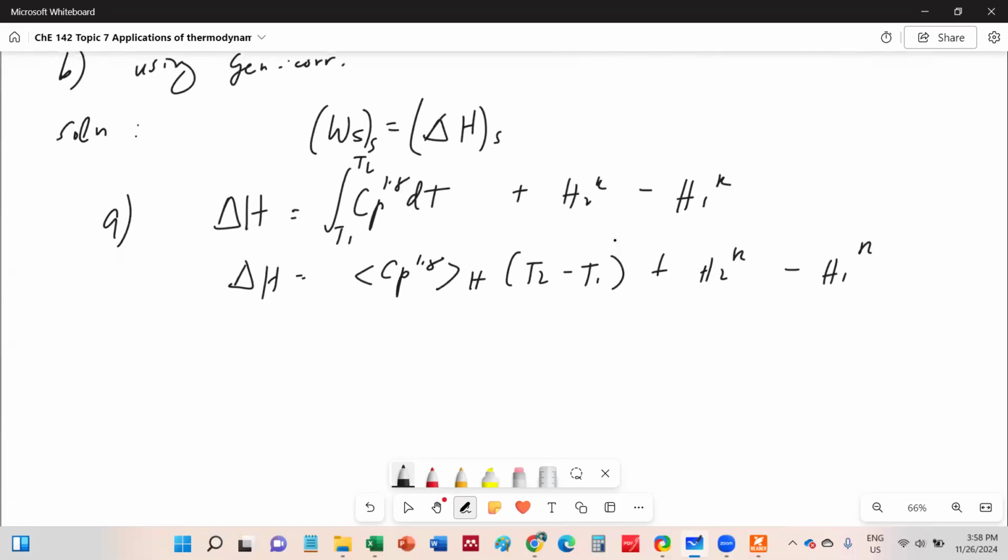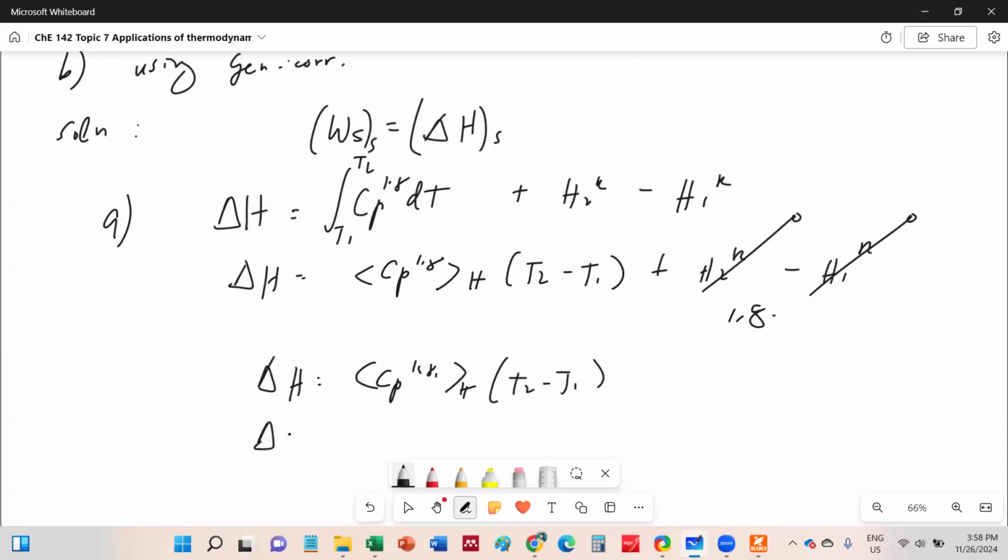Since this is an ideal gas, there's no residual, okay, and therefore delta H is just Cp mean heat capacity times T2 minus T1, right? Okay, so that's our H T2 minus T1. How about for delta S?